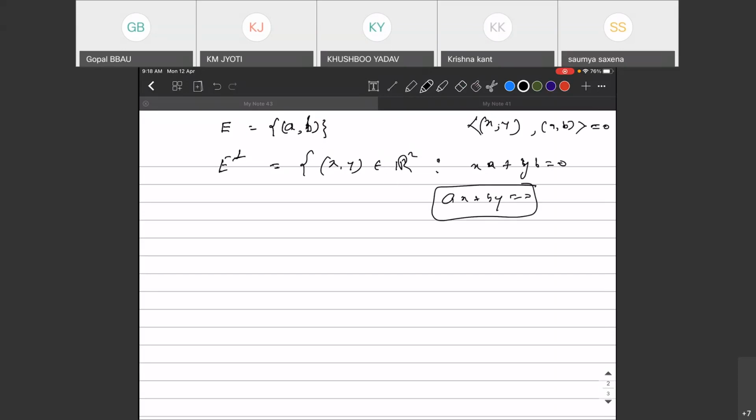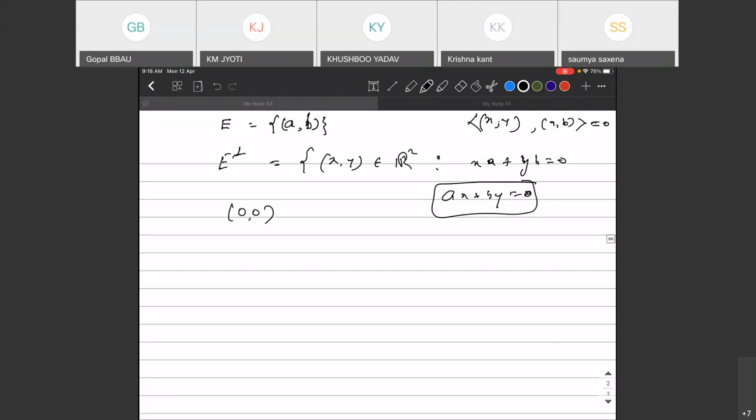You know this is a line. ax plus by equals 0 is a line which passes through the origin (0, 0) and some other point: if x is 1, then y equals minus a by b.